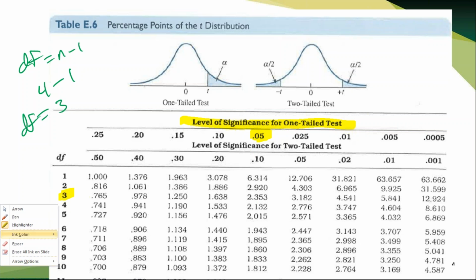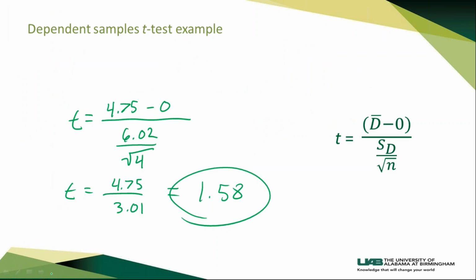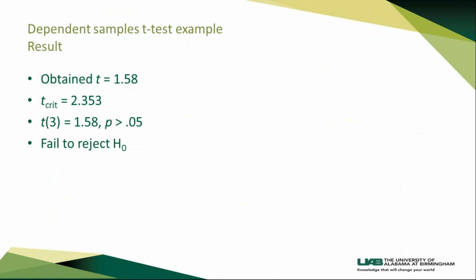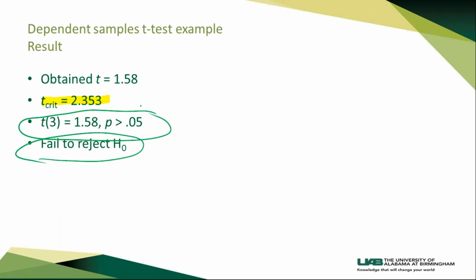So where do those two meet? 2.353. So we have our critical value for t. The obtained t that we had, 1.58, is smaller than the critical value. So we fail to reject the null hypothesis, and here's how we'd write that out. t with 3 degrees of freedom equals 1.58, p is greater than 0.05.